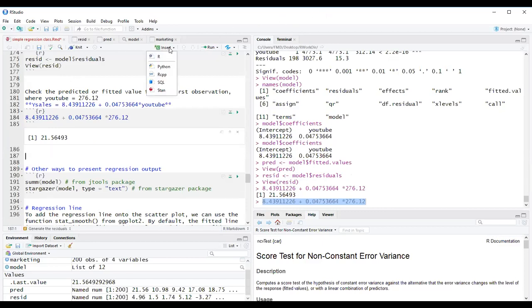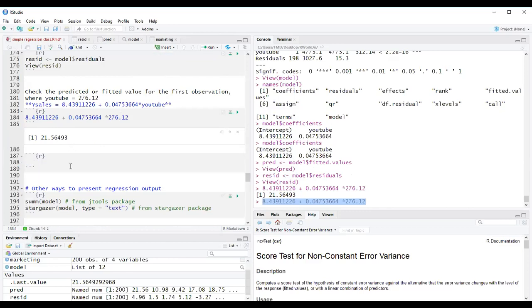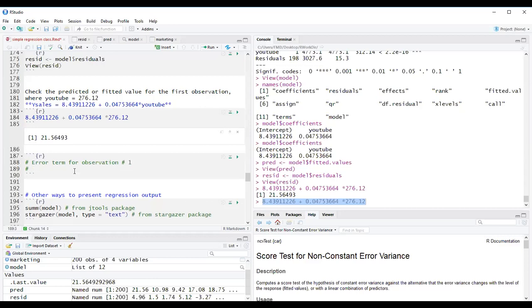Okay, so how about the error term? Let's copy it here. So the error term for observation number 1. Okay. So what do we need, guys?